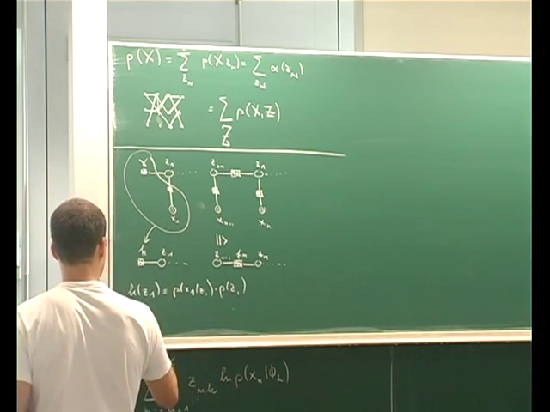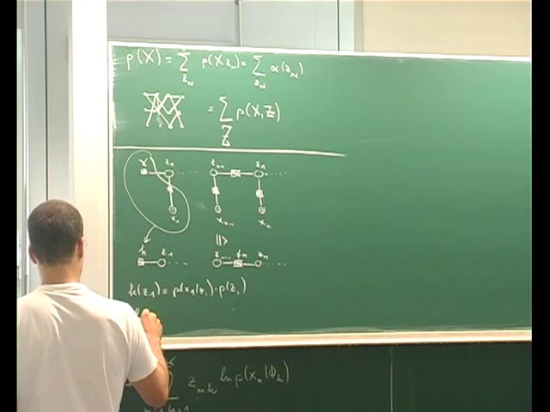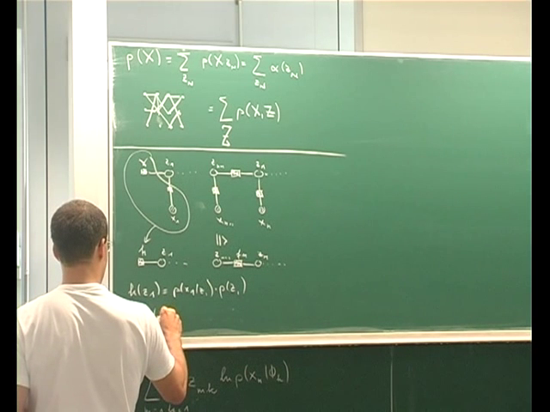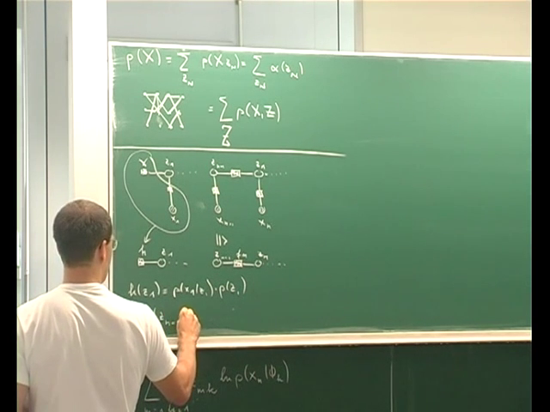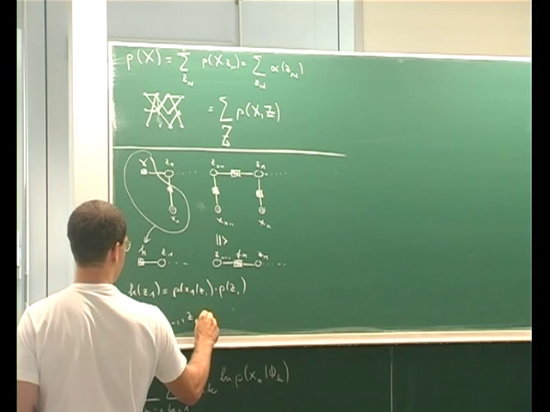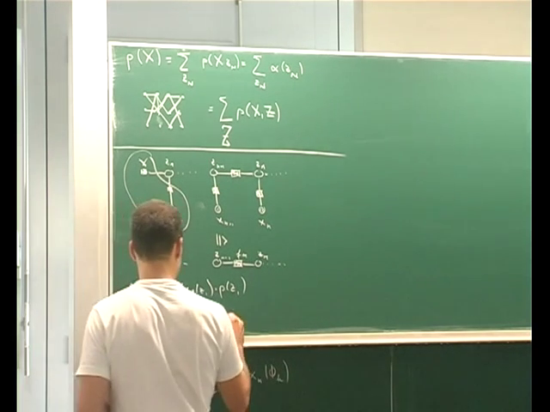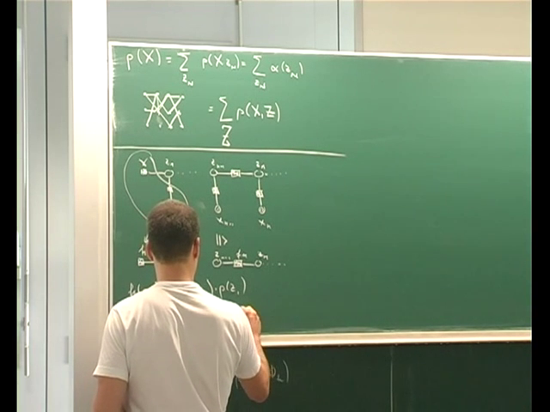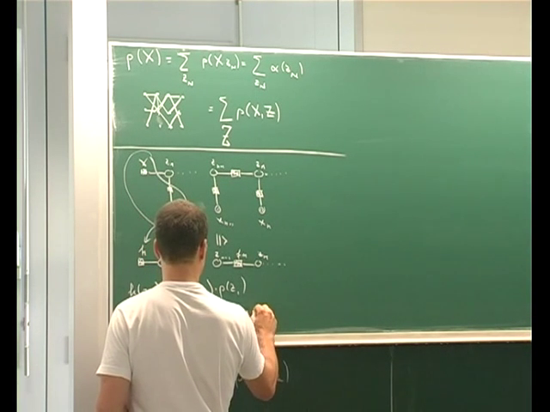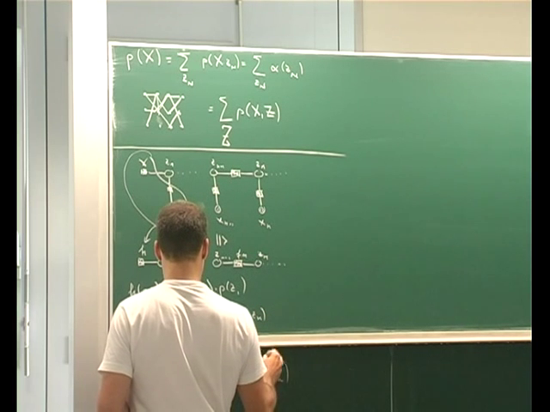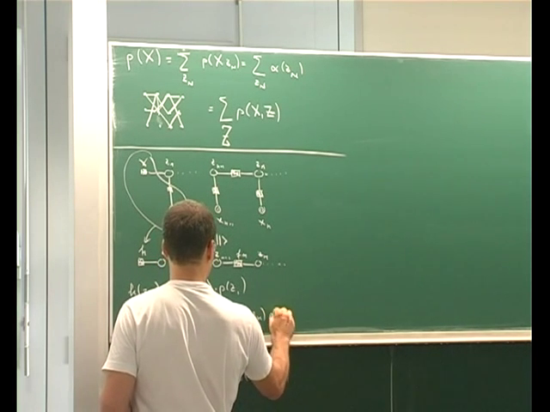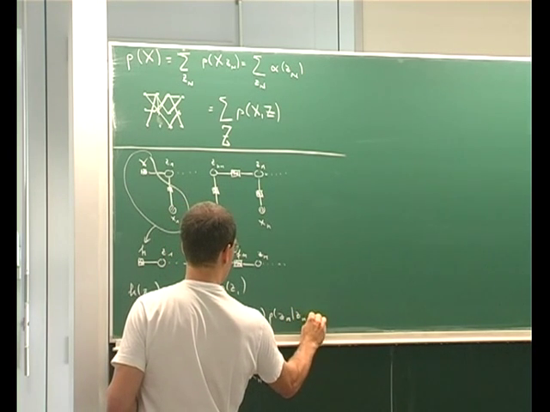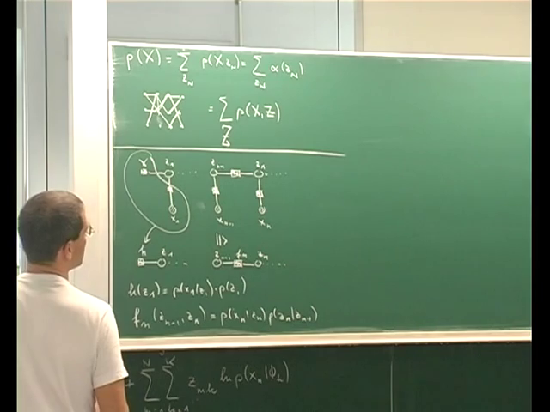And a factor number n, which depends on two hidden variables, is given by, on one hand, the emission probability of xn given zn, and on the other hand, by the transition probability from zn minus 1 to zn.